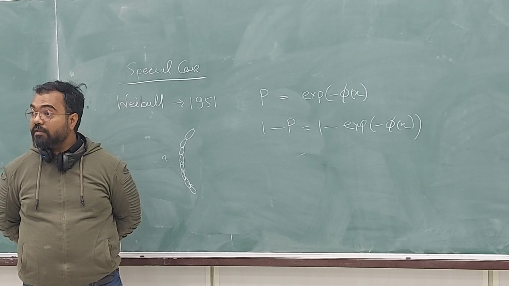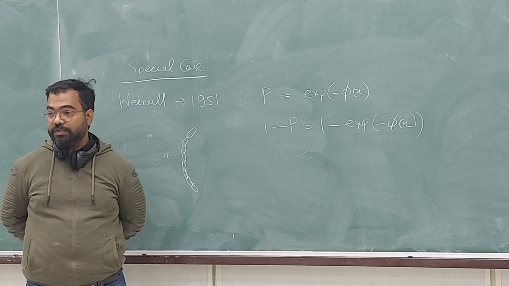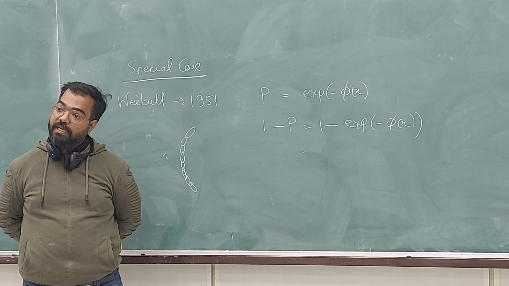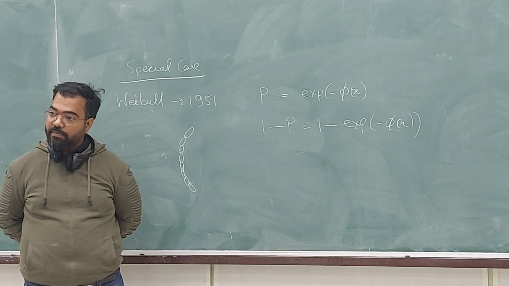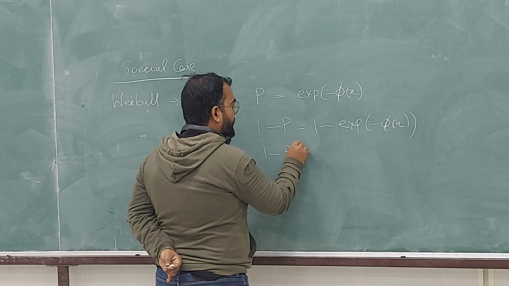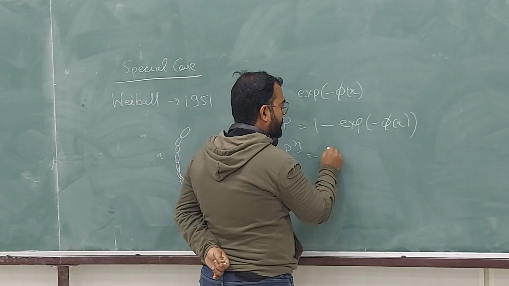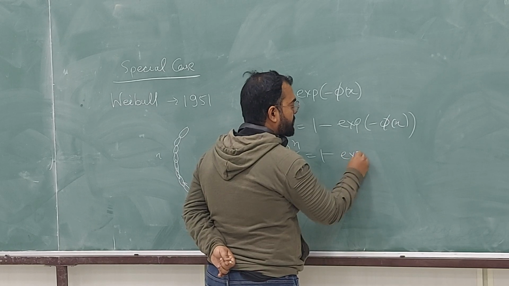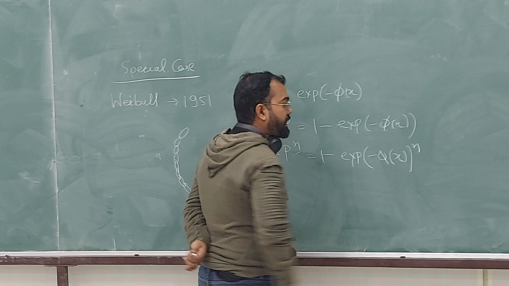And if you have n number of links, how will you define the survivability of the chain? By non-failure of all the n links. If any link breaks, the chain breaks; none should break. Correct? So that will be 1 minus p to the power n. That will be 1 minus exponential of, right?